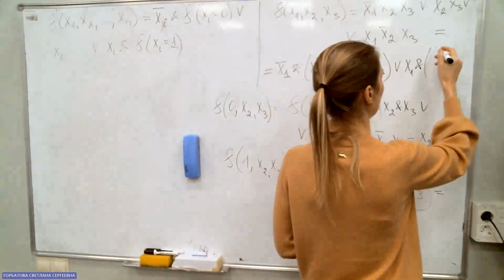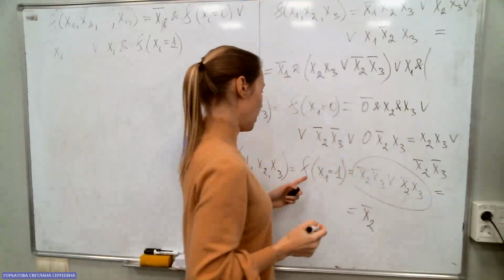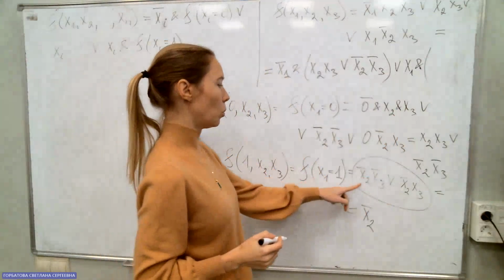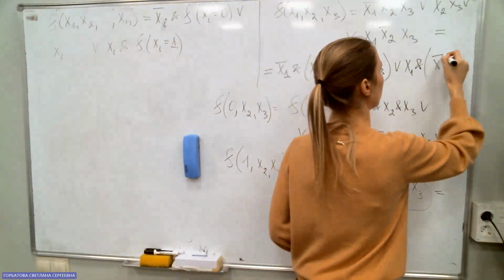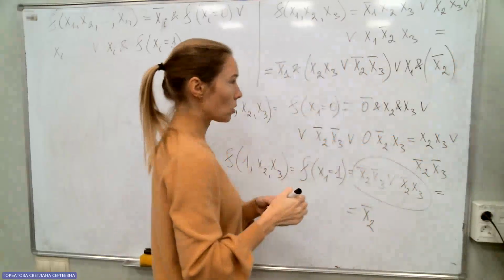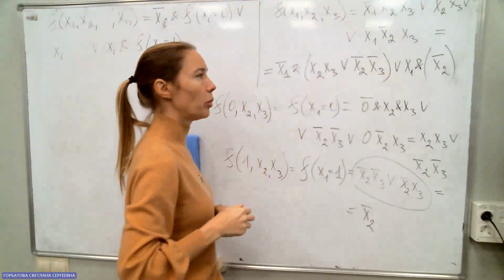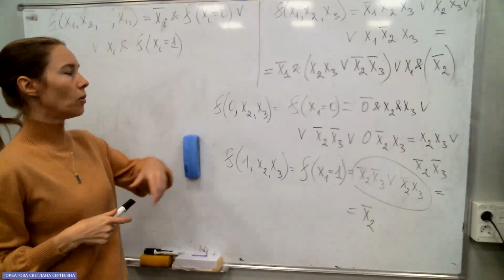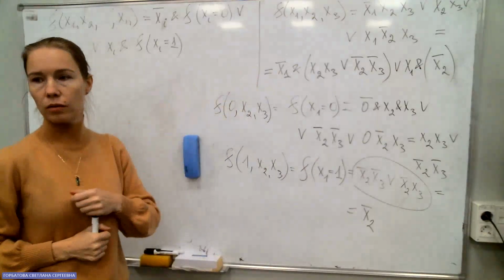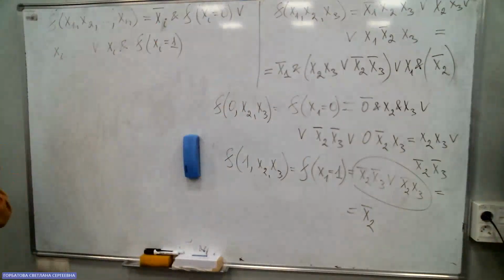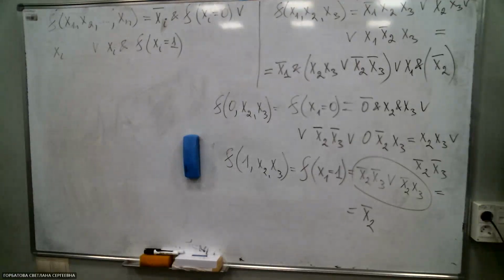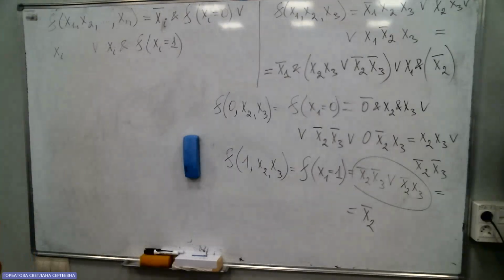Okay, so here will be the function where x1 equals to 1, and it is not x2. So this is the Shannon decomposition for variable x1 according to the formula. This is just for one variable.